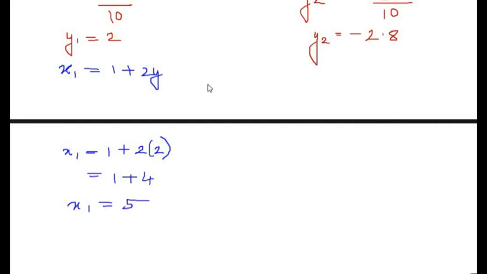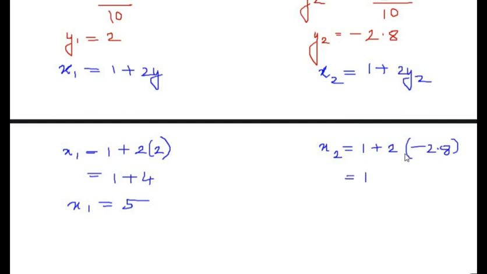And here we are going to use the same thing. x2 equals 1 plus 2y2. Substituting, x2 equals 1 plus 2 times negative 2.8. Plus and minus gives you minus.